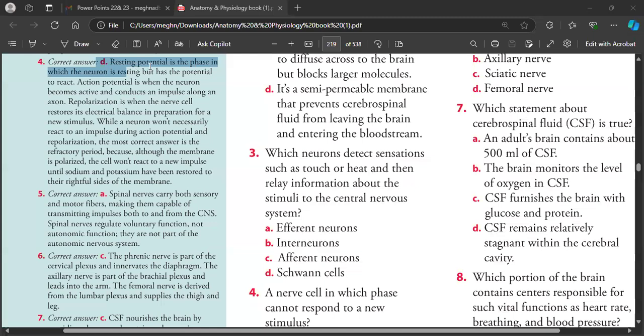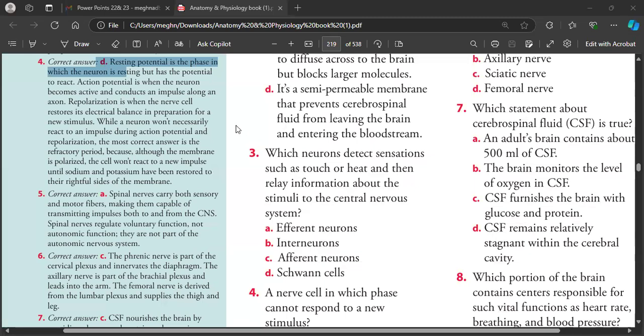Okay, so the resting potential is the phase in which the neuron is resting, but also has the potential to react. Action potential is when the neuron becomes active and conducts the impulse along the axon, and repolarization is when the nerve cell restores its electrical balance in preparation for a new stimulus.